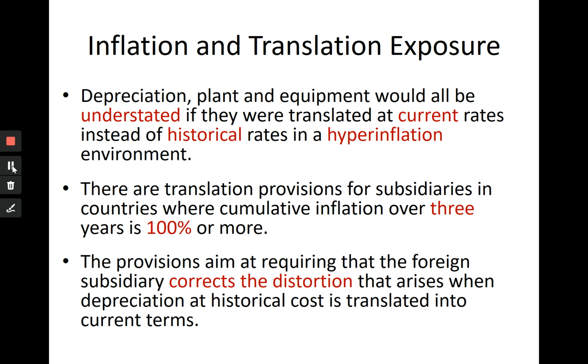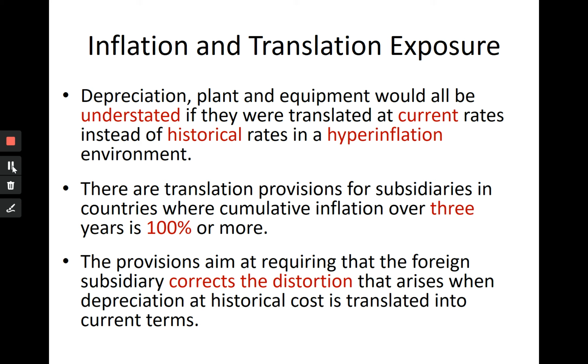Let's go back and emphasize inflation because it's at the heart of the problem with translation. Inflation historically had caused currency crashes. Of course, there are other causes too, but inflation had been a major cause. So, a country historically like Argentina with huge inflation had also seen huge devaluation of its currency.